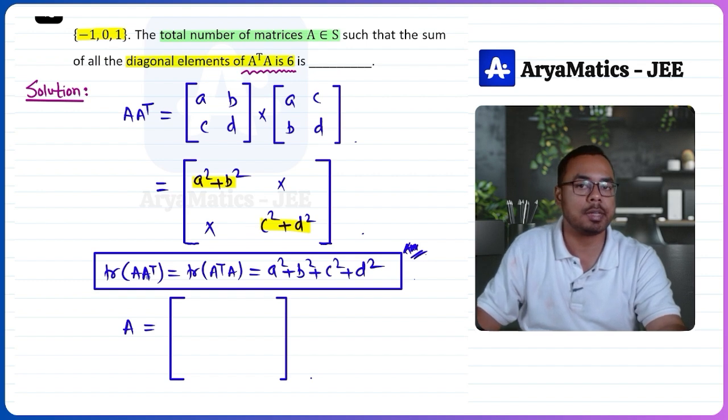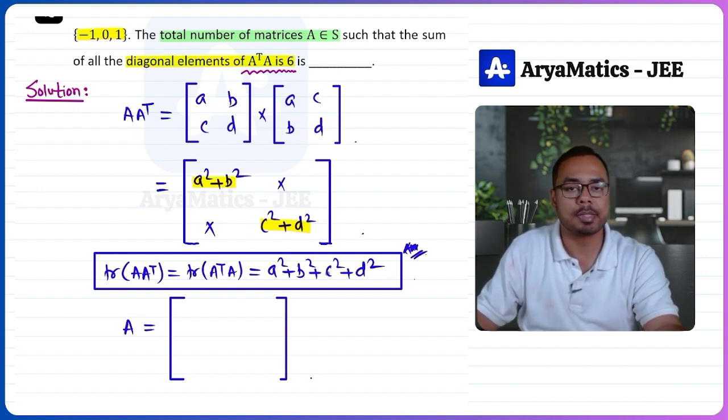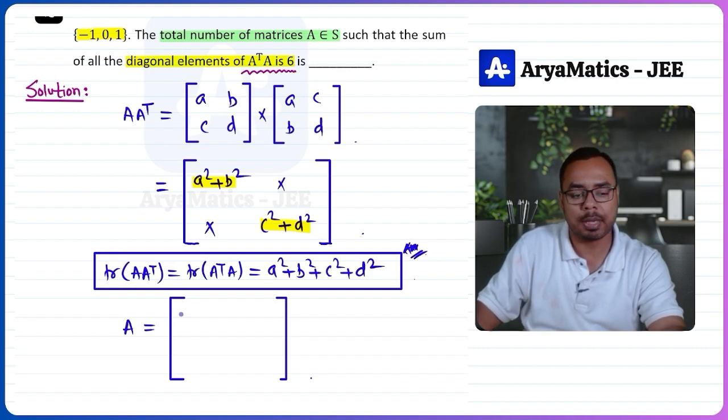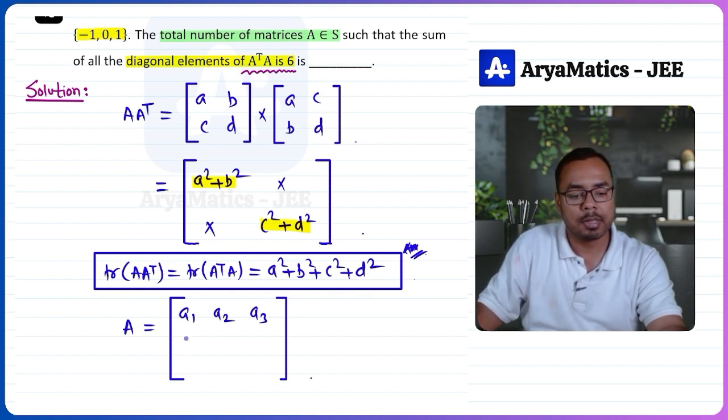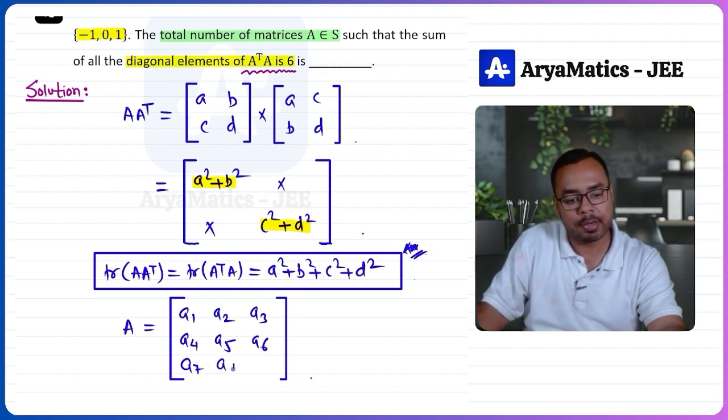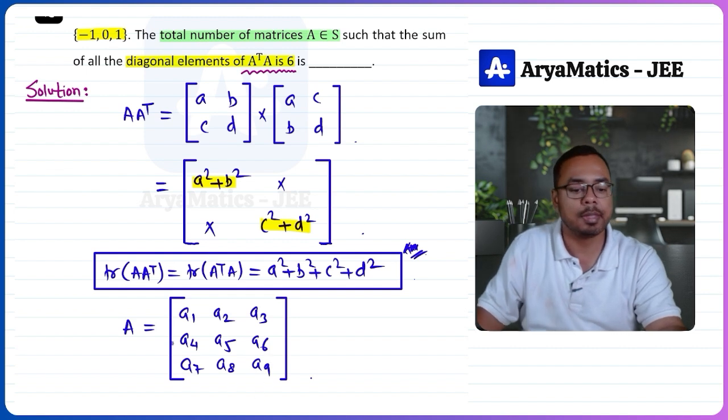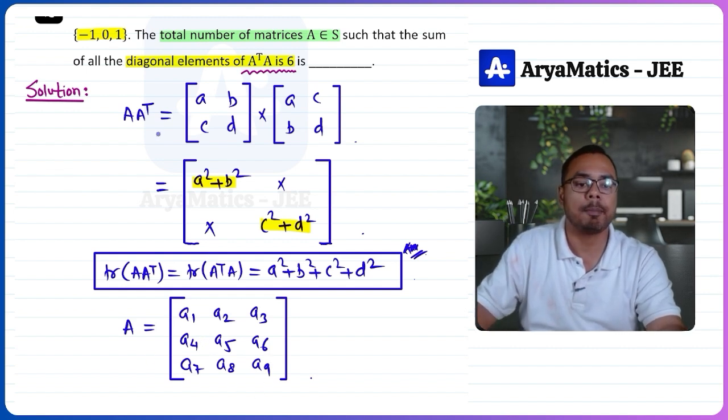From there we got this result, that trace of A transpose into A or A into A transpose is sum of square of all the elements in the matrix. Now let us say matrix A is 3 cross 3, with first row A1, A2, A3, then A4, A5, A6, and finally A7, A8 and A9. These are the 9 elements of matrix A.